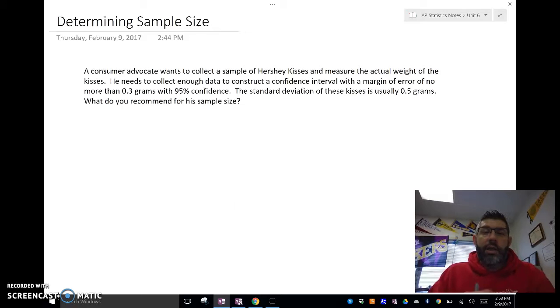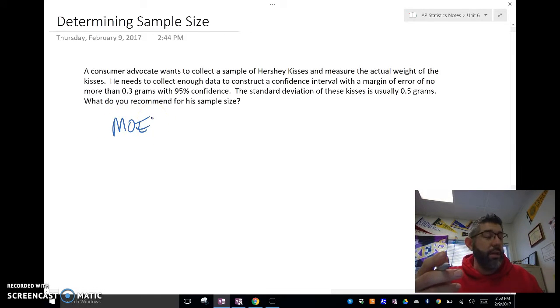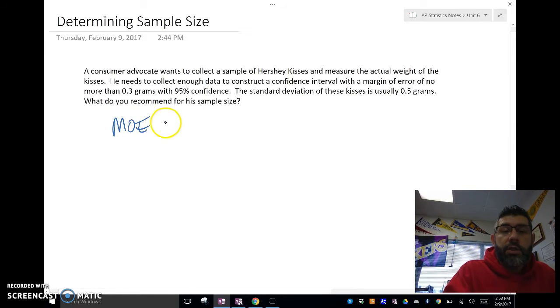So here's why this is an interesting problem, because the margin of error for a one sample t confidence interval is going to be equal to t star with the degrees of freedom times s over root n.